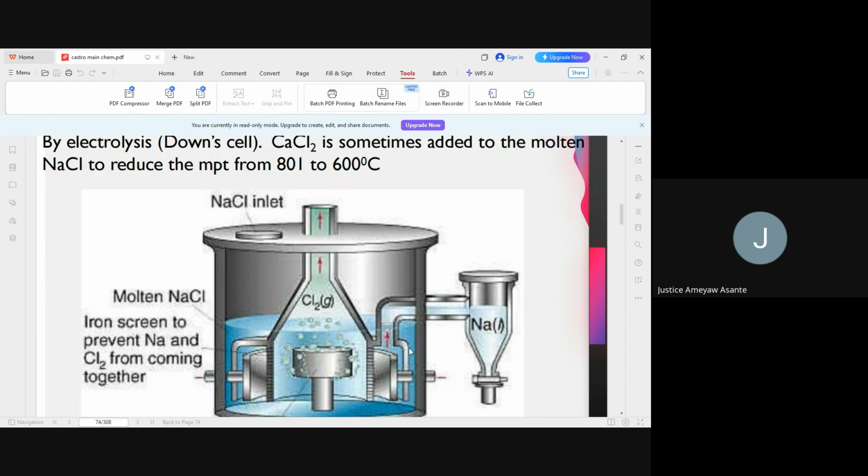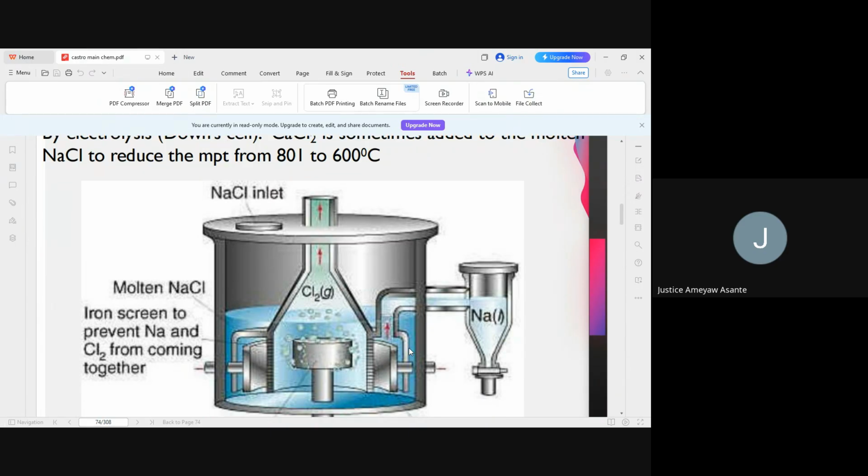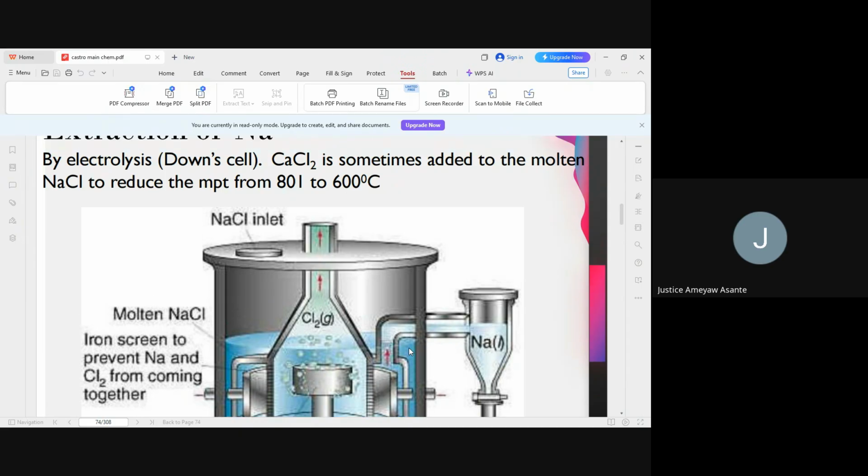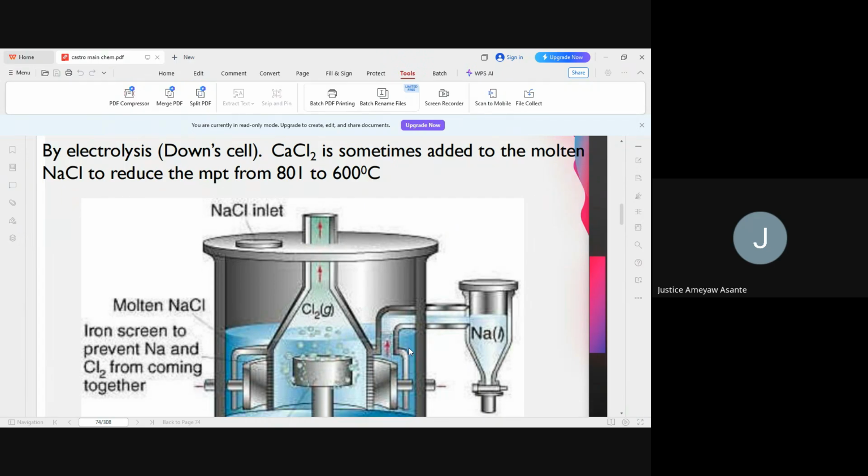What can help us is using calcium chloride. Calcium chloride, you combine with sodium chloride, and it can easily be melted at a temperature of 600 degrees Celsius. Other than that, if you want to melt sodium chloride itself, we need a temperature of about 800 degrees Celsius. By combining it with calcium chloride, the temperature is reduced to 600 degrees Celsius, and therefore the sodium chloride can be changed from solid to a molten form, semi-liquid.